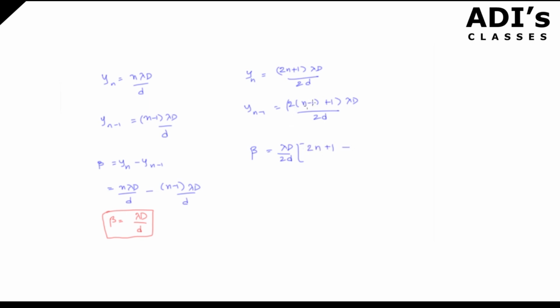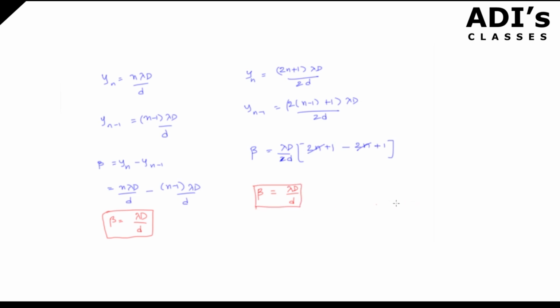For that, we have yn equal to (2n plus 1) into lambda D by 2d, correct? Then yn minus 1 will be (2 times (n minus 1) plus 1) into lambda D divided by 2d.